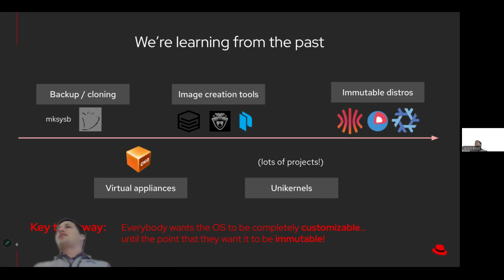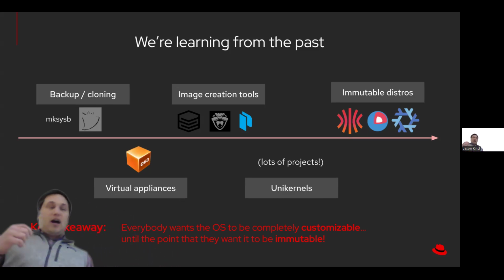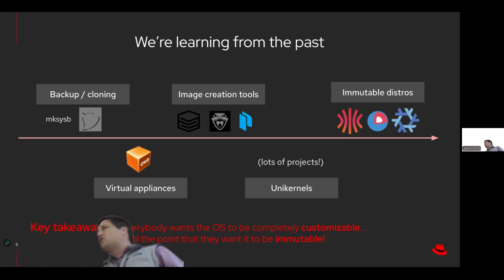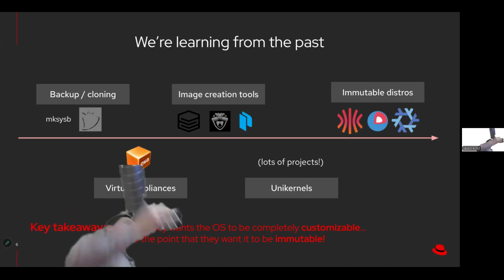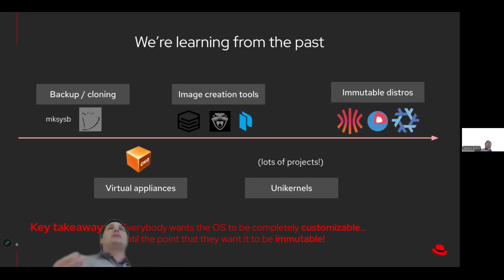AIX is the only Unix other than Linux that I've ever touched. So mksysb is a system backup utility. It makes a copy of the system. You've got Norton Ghost next to it. So backup and cloning were our first approach to this sort of immutable system. Let's take a snapshot and be able to restore that snapshot, so we can get that point-in-time system.